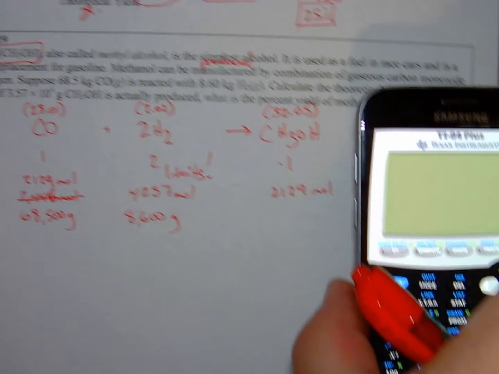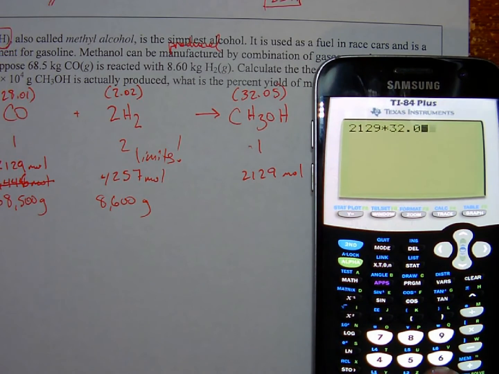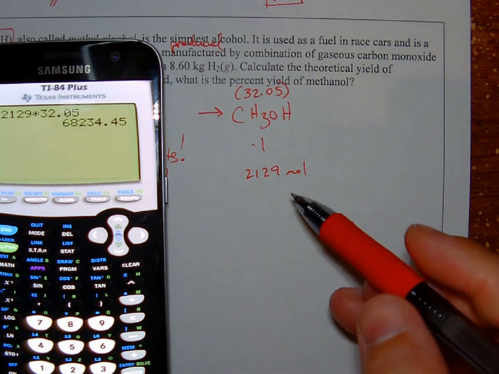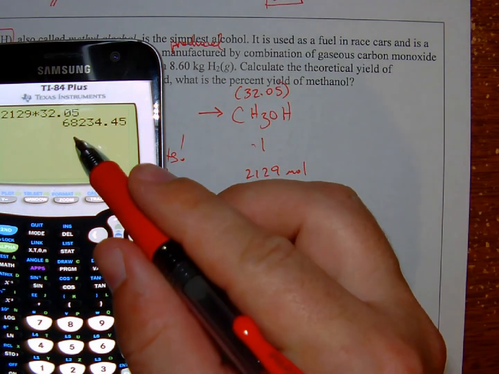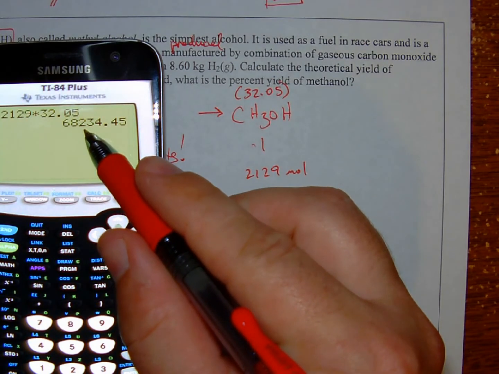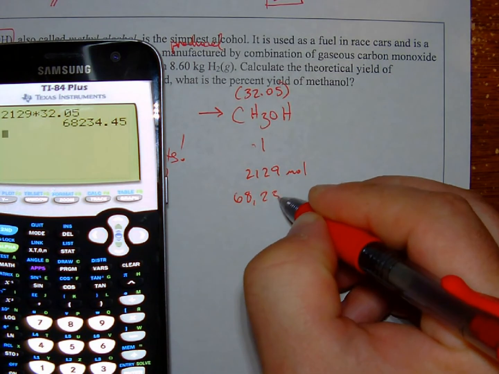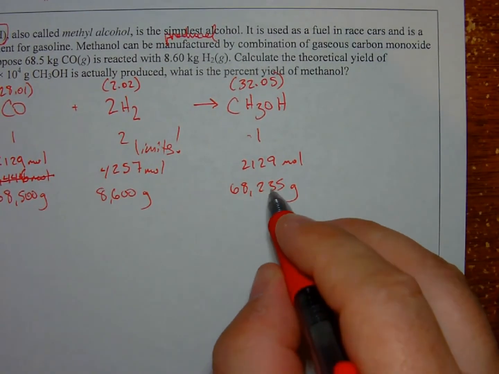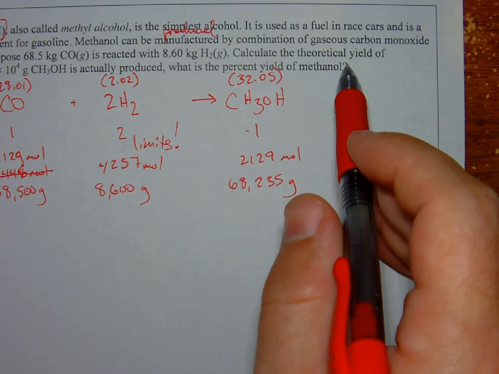So 2,129 multiplied by the molar mass, I end up with a pretty large number. Let's call that 35, I guess. So I'm going to produce this much.